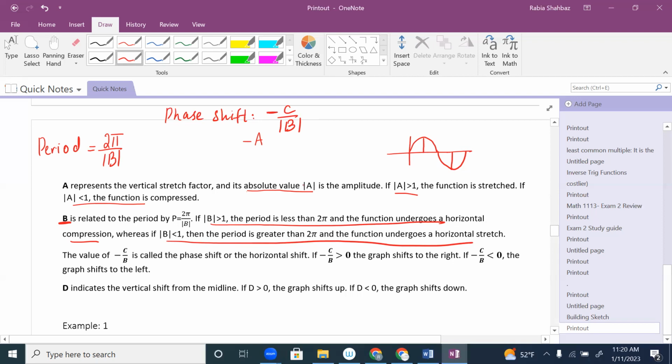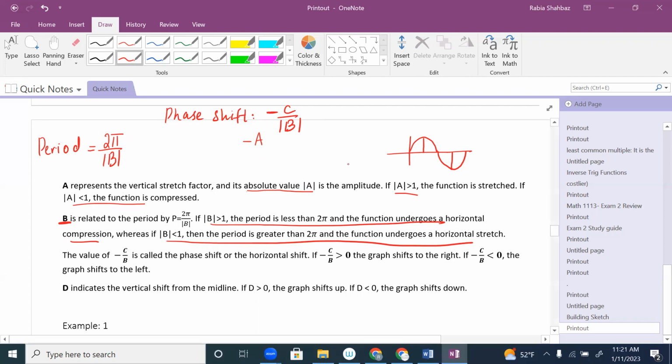The x minus makes your graph shift to the right, and plus makes it shift to the left. Conceptually, if it's a minus, you have to take a bigger number to get the same output, and that makes your graph shift to the right.